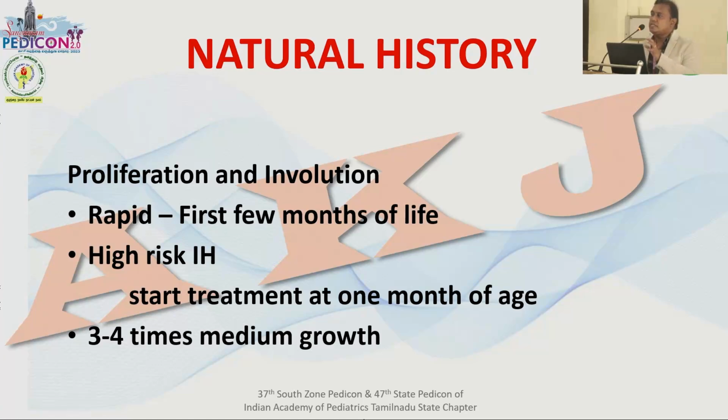So if you intend to intervene, suppose you are looking at a high-risk hemangioma, hemangiomas around the mouth, hemangiomas around the genital area, you start thinking about intervention much earlier than later, because 4 weeks to 6 weeks is the time where it is at its maximum growth.